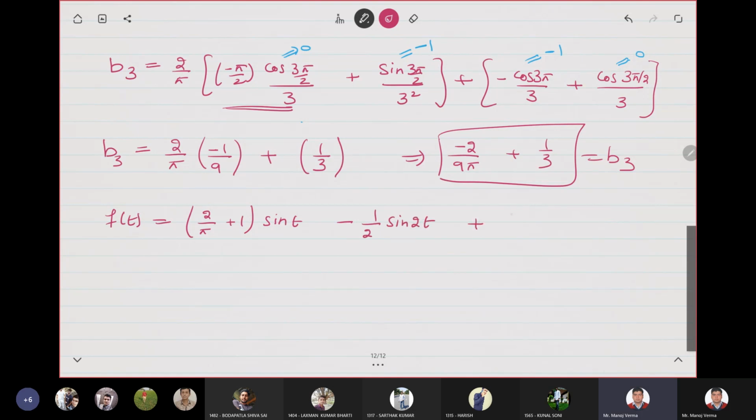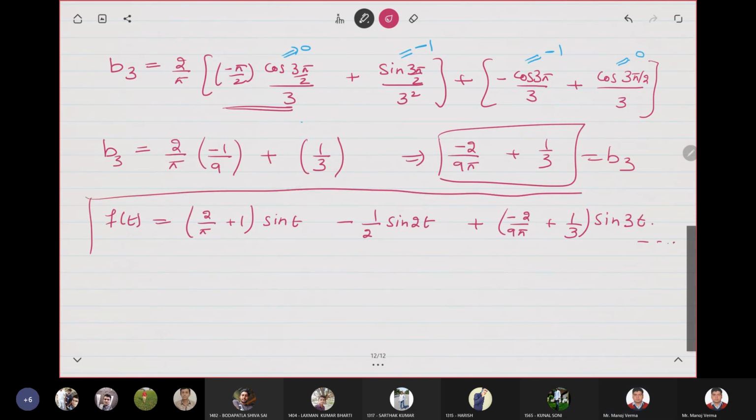Value of b3 was minus 2 over 9 pi plus 1 over 3 sin 3t, and so on. So this was the Fourier series expansion of that given function in terms of sines only.